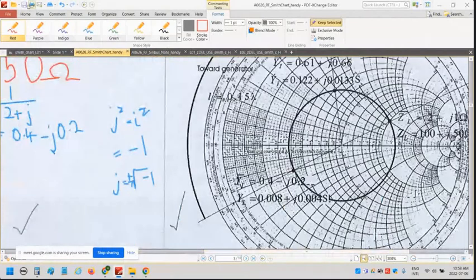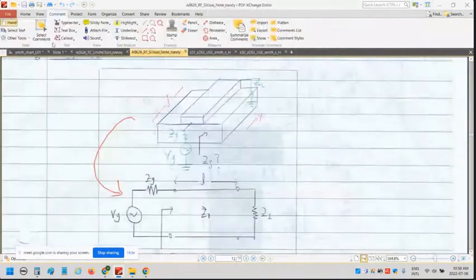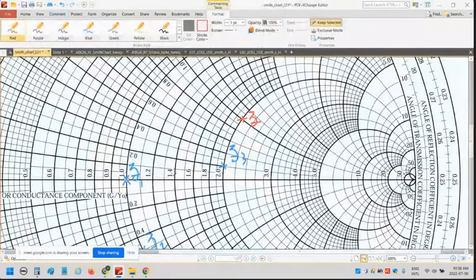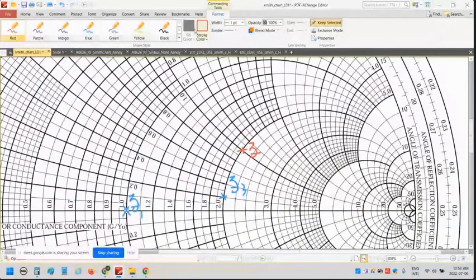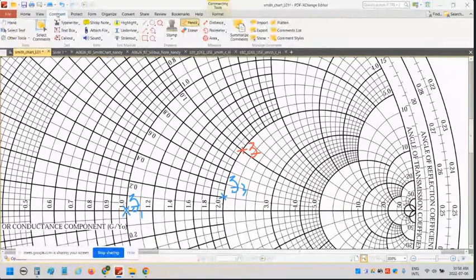Here you want to do the normalization. Take out your compass, one point in the center of the Smith chart and the other here. Take out your compass and draw a circle.